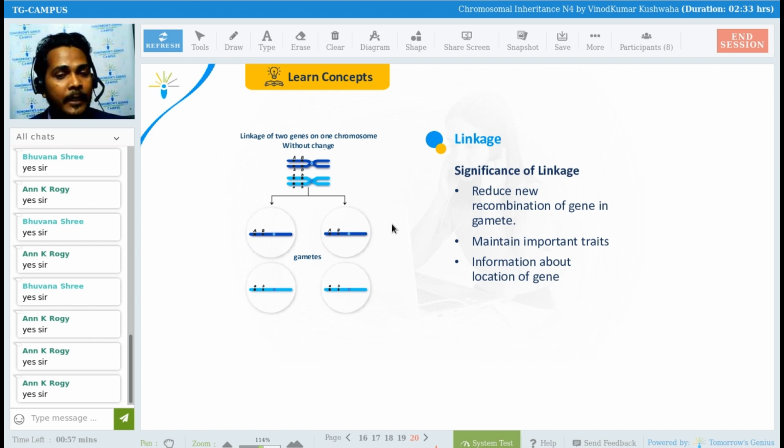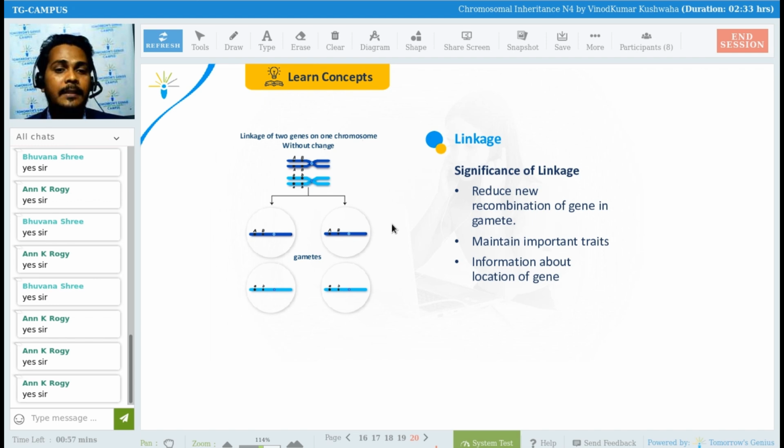It helps to maintain that new variety's traits over several generations. That is the important significance of linkage. It also gives important information about the location of genes in the chromosome, that means where the important genes are present. So it is also good.